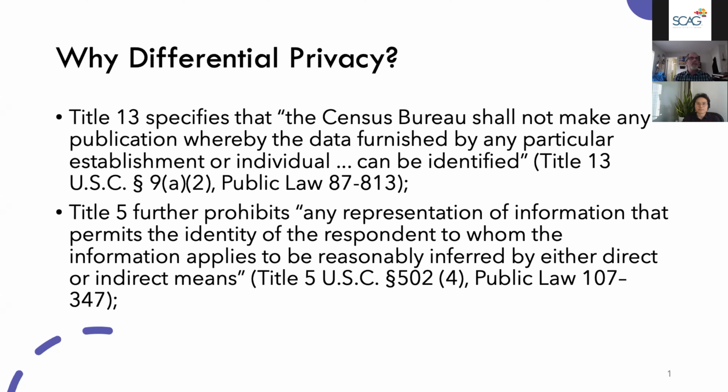They couple this with Title 5, which takes it a little further and states that any representation of information that permits the identity of a respondent to whom the information applies to be reasonably inferred by either direct or indirect means. So the Census Bureau has taken a rather wide view of implementing these to ensure that the data they put out, in terms of the census as well as other data sets, cannot be used to pull out demographic information about specific individuals.